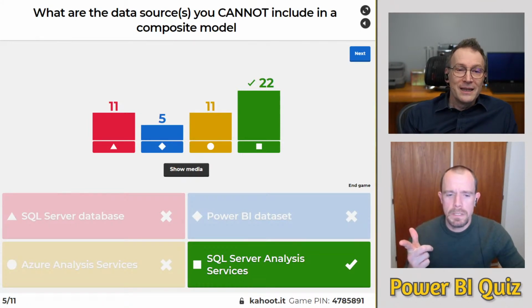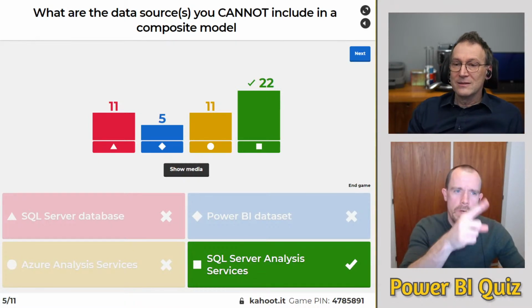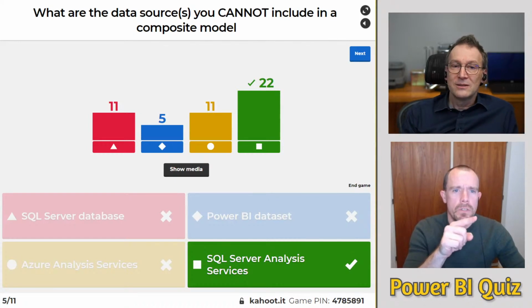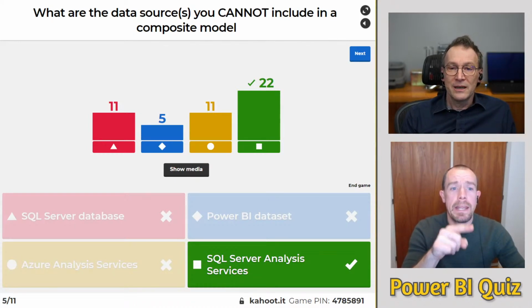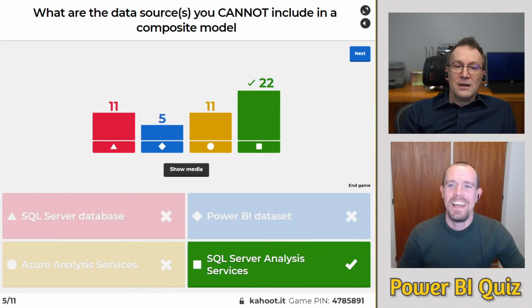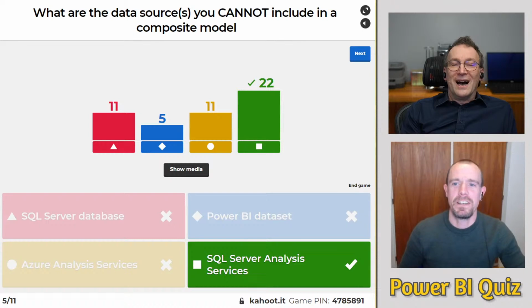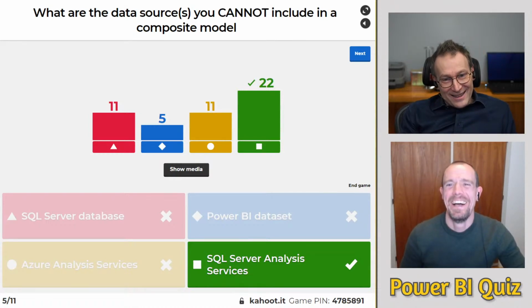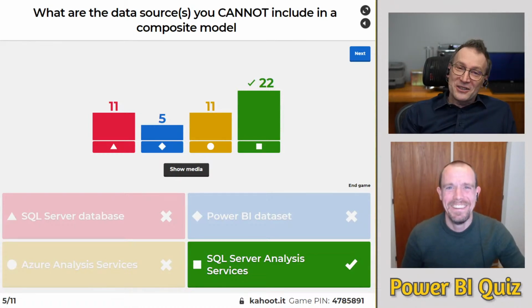We actually have a couple of comments in the chat saying that we should have rephrased this question: what are the data sources you cannot include in a direct query in a composite model? Because you can actually import data from SQL Server Analysis Services and have it be part of a composite model that way. That's right.